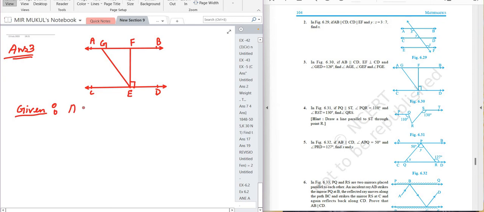So here given is AB parallel to CD and EF perpendicular to CD.